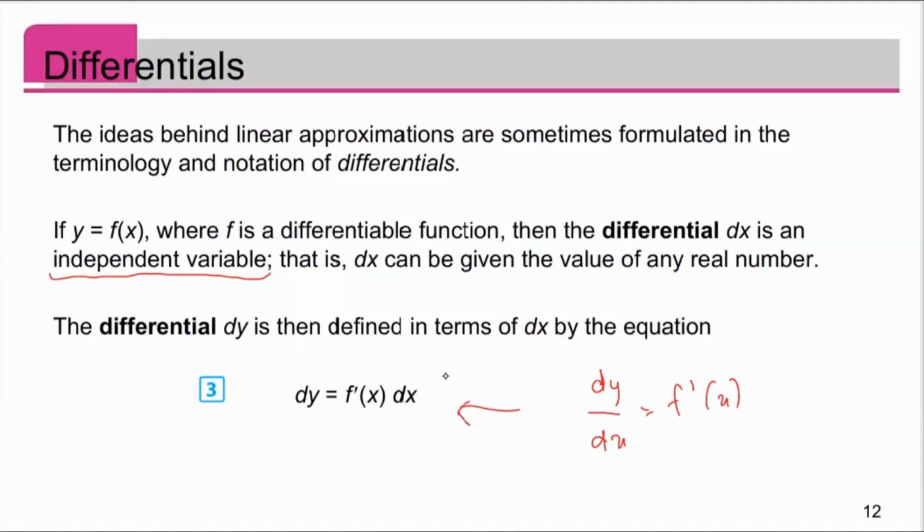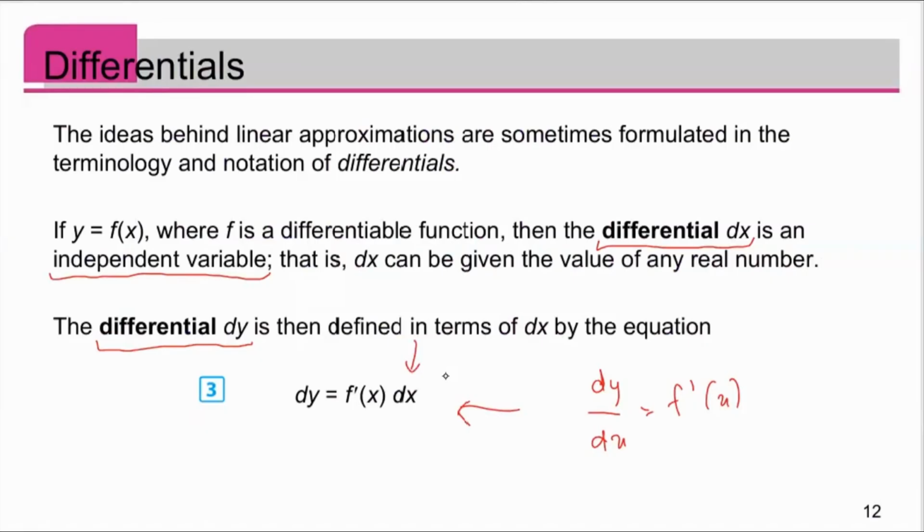So dy here is a differential as well. We have two differentials here, differential dx and differential dy, and differential dy is given as f prime of x dx. So dx here, you can think of it as the independent variable. So you make changes to dx, because dx is a number.